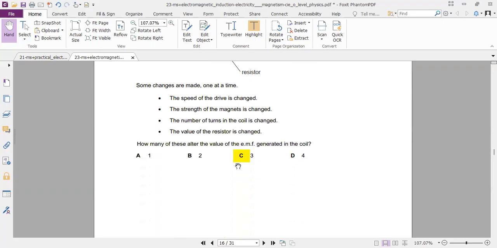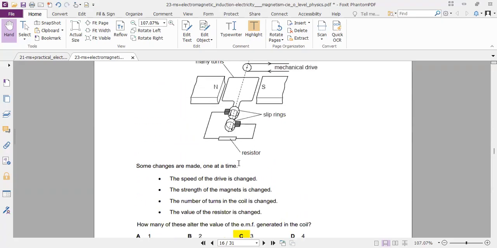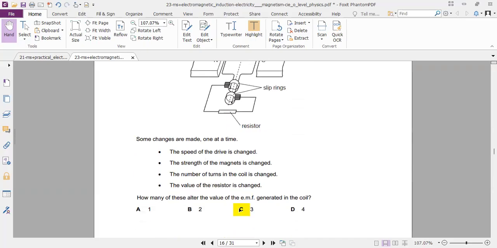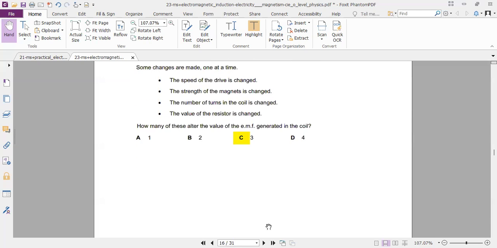Same, but different question. Some changes are made one at a time, which increase the EMF. If you look at all four, except the last one, all three will do. C is the choice.